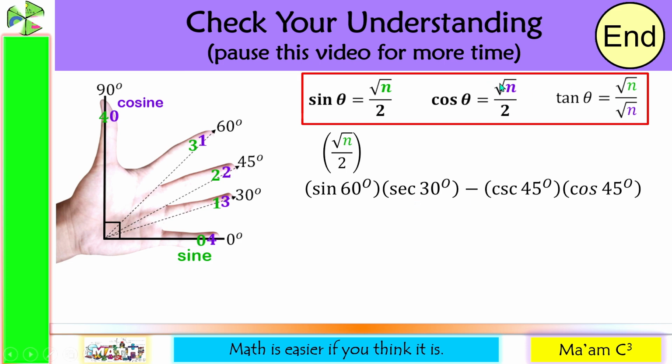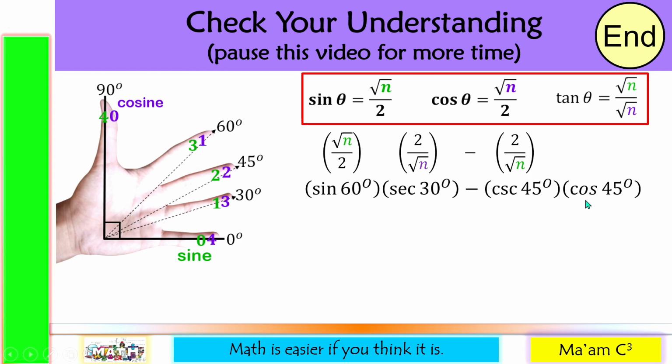So if cosine is square root of n over 2, secant will be 2 over the square root of purple n. And then we have to copy minus. Cosecant is the reciprocal of sine. So if sine is square root of n over 2, cosecant will be 2 over the square root of green n.